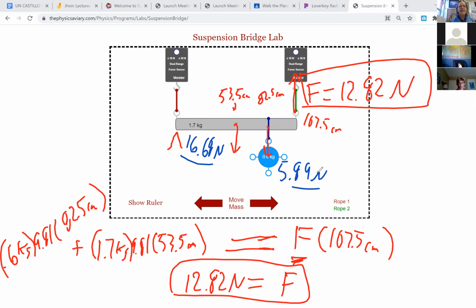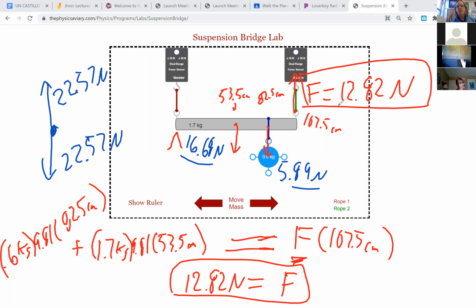The total weight of everything added together downward. So if this is a free body diagram, the total weight of everything downward is 22.57 newtons. It's in equilibrium, guys, meaning the total force upward has to be 22.57 newtons upward. 12.82 of that is on the right side.